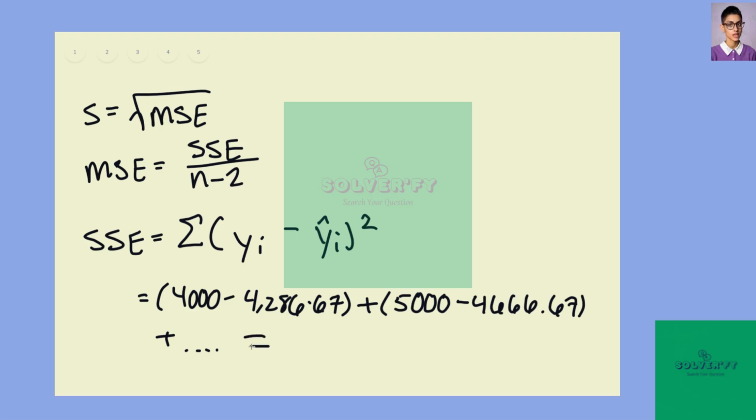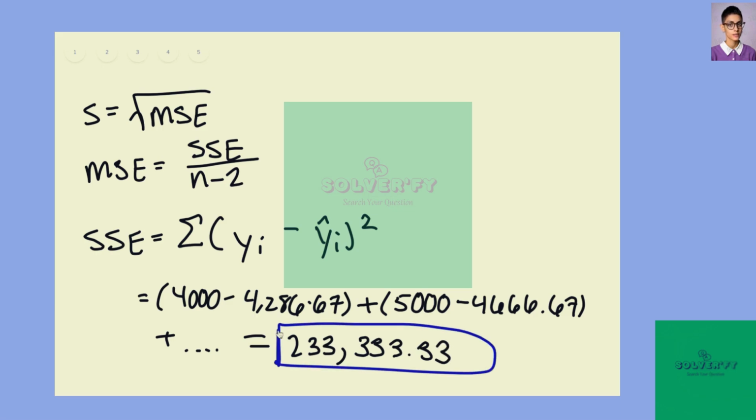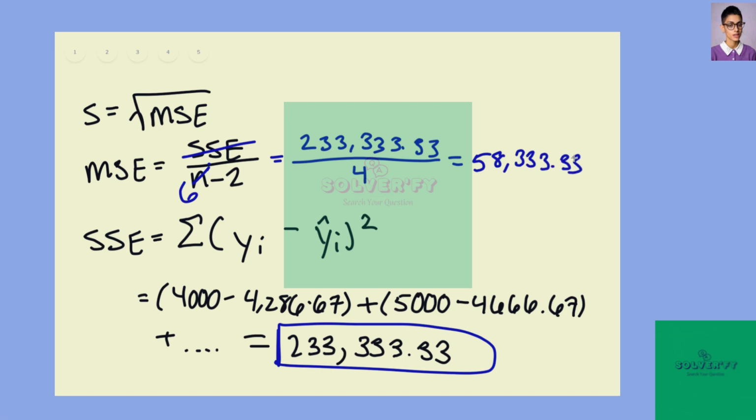Then we get a sum of squares due to error equaling 233,333.33. We plug that in here. We have 6 elements in our data set, so 6 minus 2 is 4. So we get a mean square due to error of 58,333.33.